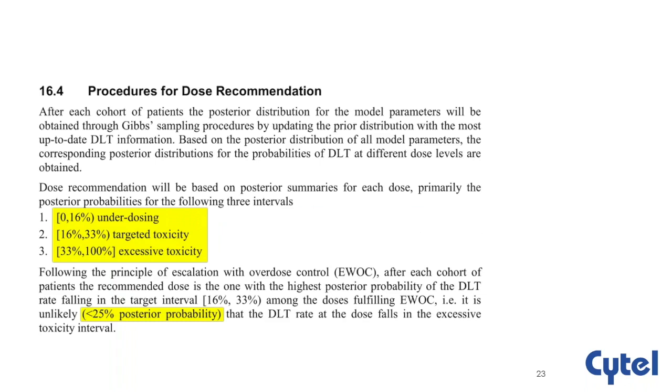We're going to have an interval of underdosing when the probability of toxicity is between 0 and 16%, an interval of targeted toxicity when the probability of toxicity is between 16 and 33%, and anything above that is going to be considered excessive toxicity. We're going to be utilizing, again, the escalation with overdose control principle, which means that we're going to be capping the probability of overdosing at 25%, and we're going to try to maximize the chance that we fall into this targeted toxicity interval.